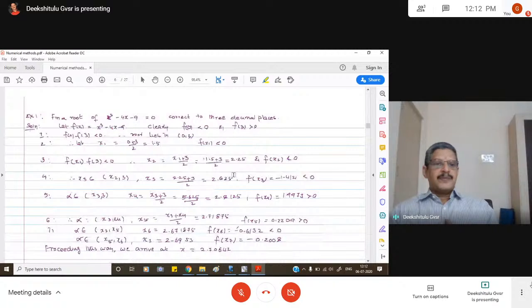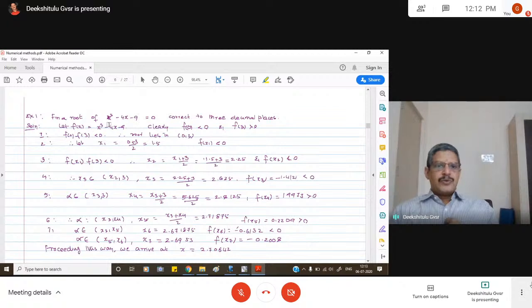Let us see a couple of problems on that. Find the root of x cube minus 4x minus 9 equal to 0, correct to 3 decimal places. Call this f of x equals x cube minus 4x minus 9. First, we have to find a and b such that f of a into f of b is less than 0. If we put x equal to 0, this becomes minus 9, less than 0. Put x equal to 1: 1 minus 4 minus 9, still negative. We don't require that because f of 0 is already negative.